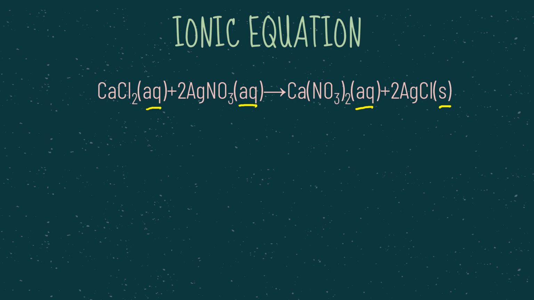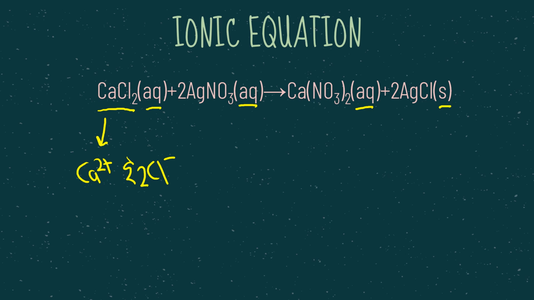So how do we do this? We know that calcium chloride is made up of calcium and chloride. So this can be broken down into Ca2+ and 2Cl-, and always remember to put a 2 here because that's the ratio between the calcium ion and the chloride ion. We're going to do this to all the other compounds that are in the aqueous state.